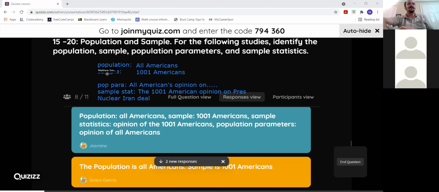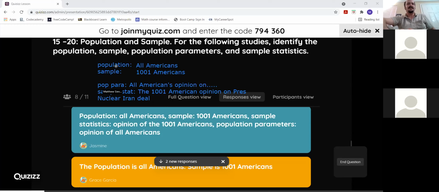We draw a sample from the population, 1,001 Americans. So now we're at the sample statistic. And I feel like maybe they wrote these backwards. We should really talk about the sample statistic, 1,001 American opinions, because that's where you're drawing your conclusion about what all Americans think. Are there questions on this?